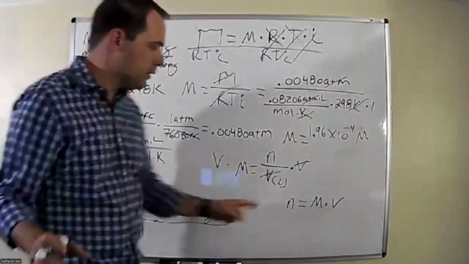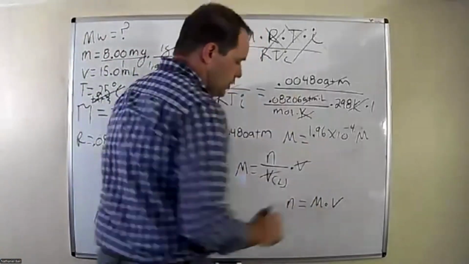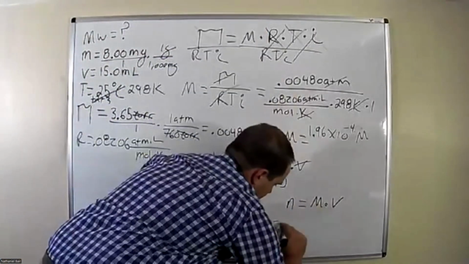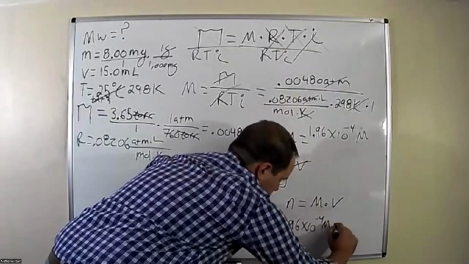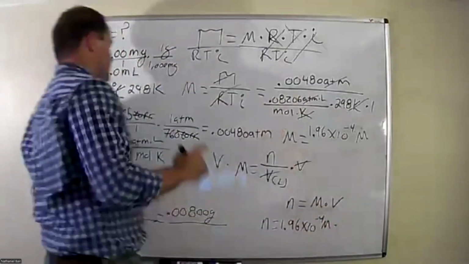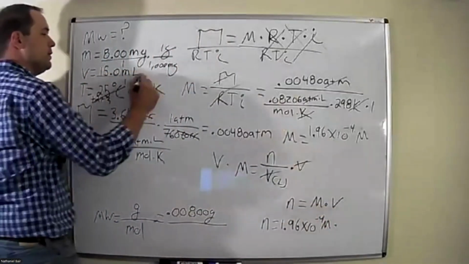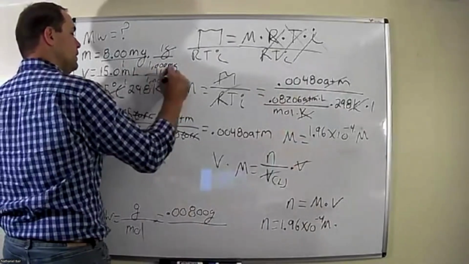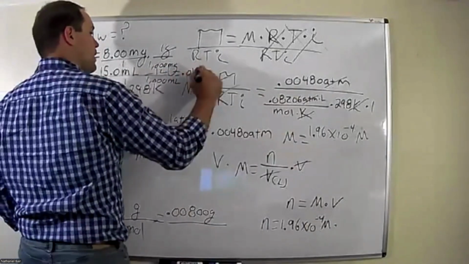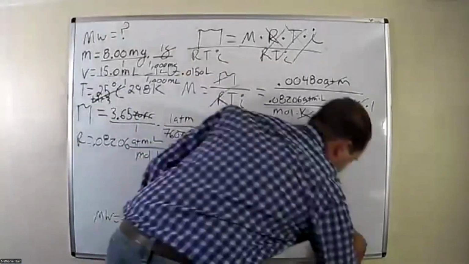This is how we're going to get the moles. We're going to take the concentration, 1.96 times 10 to the negative fourth molar, times the volume in liters. We have the volume in milliliters. There's 1,000 milliliters in a liter, so that's 0.0150 liters.